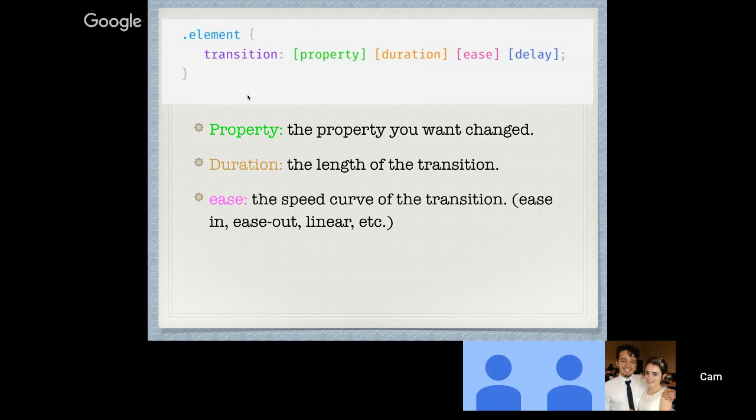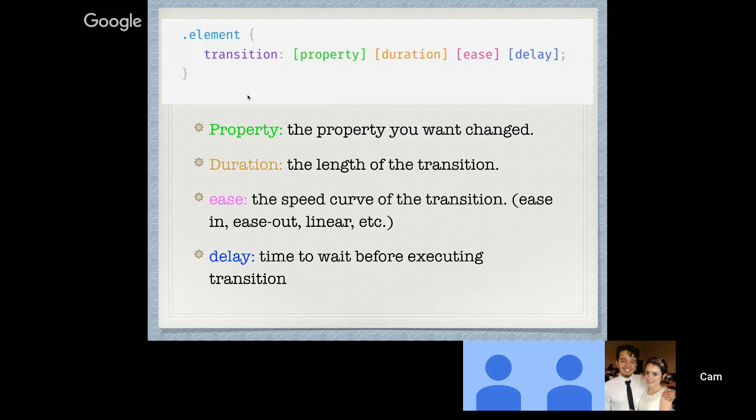Meaning, do you want it to begin slow and finish faster, or do you want it to ease in and then ease out, so that you begin slow, pick up speed, and then slow down when you exit? Or you can set it to linear, which would be the same speed throughout the entire transition. And then the delay, this is pretty self-explanatory. It's just how long you want to wait before executing the transition.